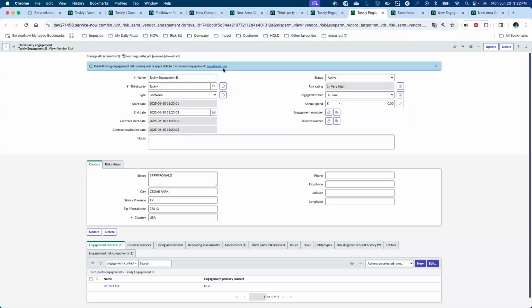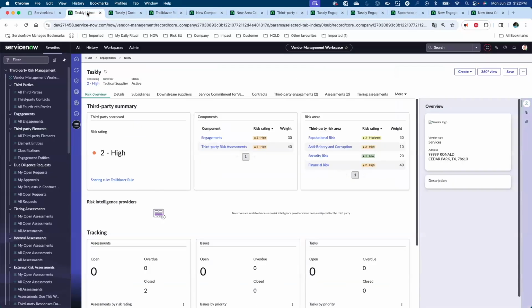Engagement B uses the same spearhead rule. Now that we know what rules the third party and the engagements are using respectively, let's introspect the ratings and apply those rules.